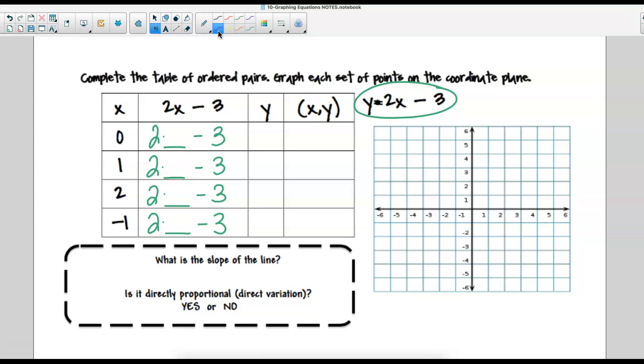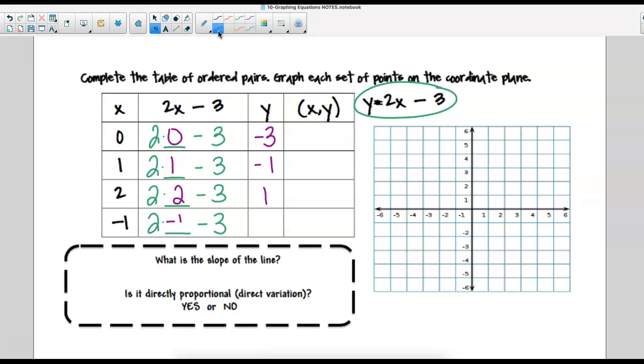So the first one says x is 0. So I put a 0 there. What's 2 times 0 minus 3? Negative 3 is correct. Then we have 2 times 1 minus 3. What's 2 times 1 minus 3? Jack? Negative 1. 2 times 2 minus 3, 1.